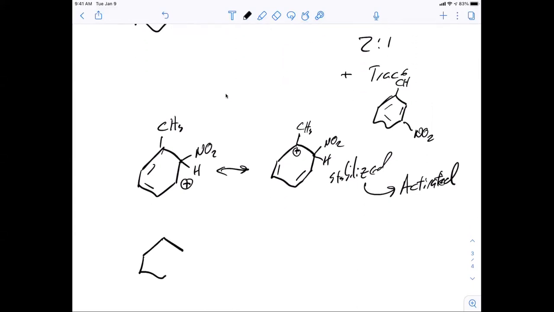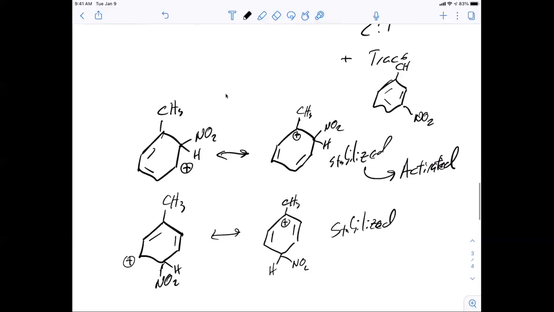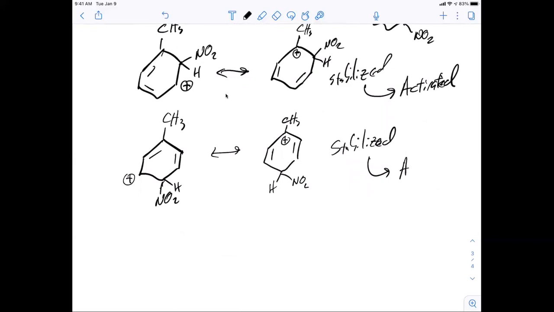And then if we add the other one here, we could do the same thing. So the CH3 could help stabilize. Right, and again, stabilized is activate.